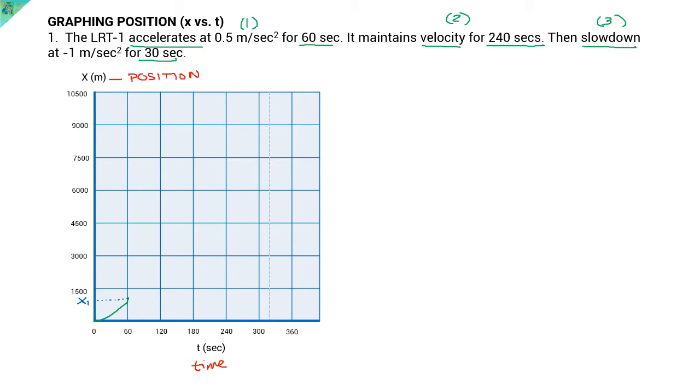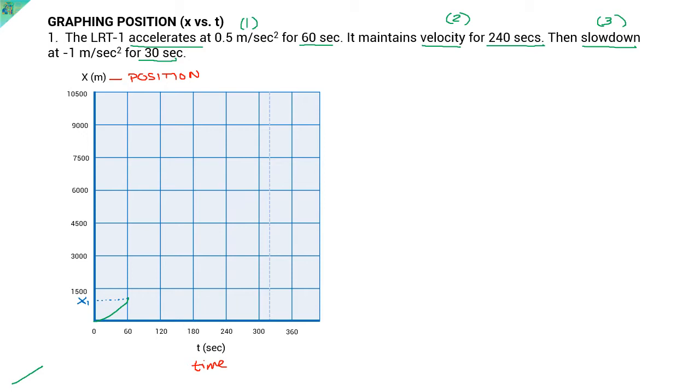Okay. Next, for our second situation, it states here that it maintains velocity for 240 seconds. So kindly remember that if it maintains velocity, our position time graph would be a straight line. Okay? Since it's a straight line, it has a constant velocity.